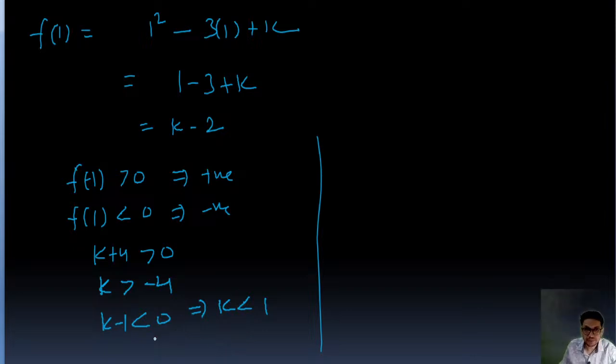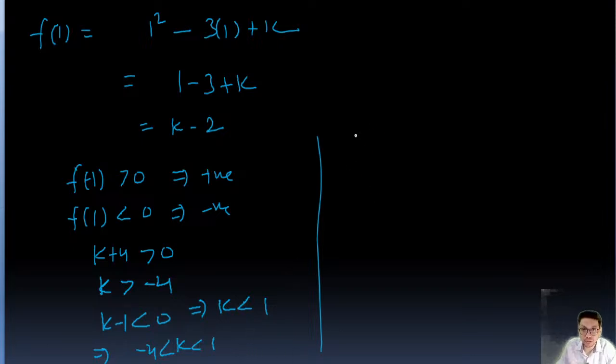So this implies k is between minus 4 and 2, right?